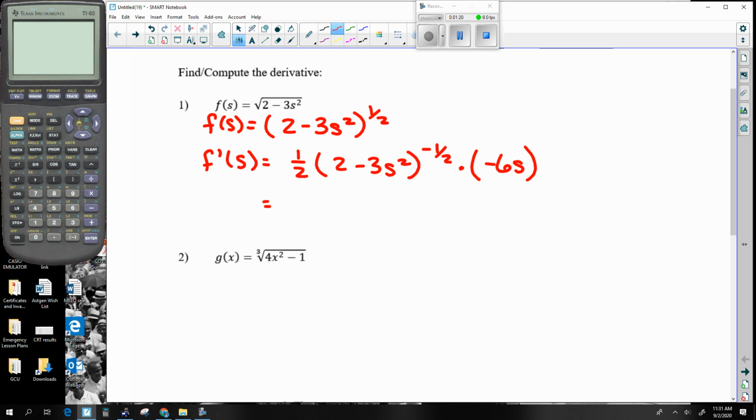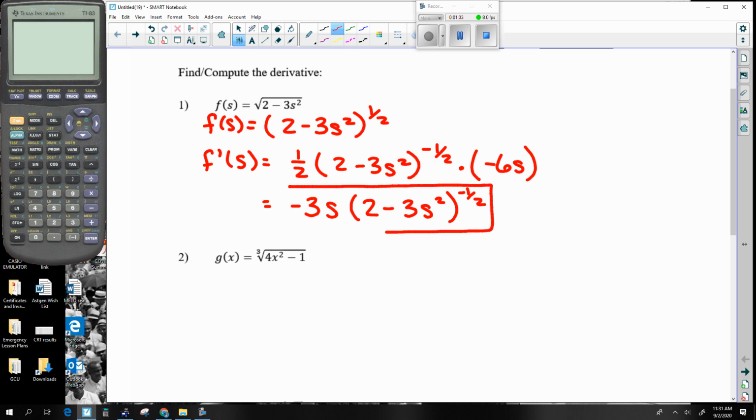Cleaning that up, this is in essence negative 3s, so the 1/2 in this negative 6s, and then I have a 2 minus a 3s squared to the negative 1/2. This is pretty decent, but you will never see this answer on an actual assignment. So what this would be is the negative 1/2 would be a denominator of a square root.